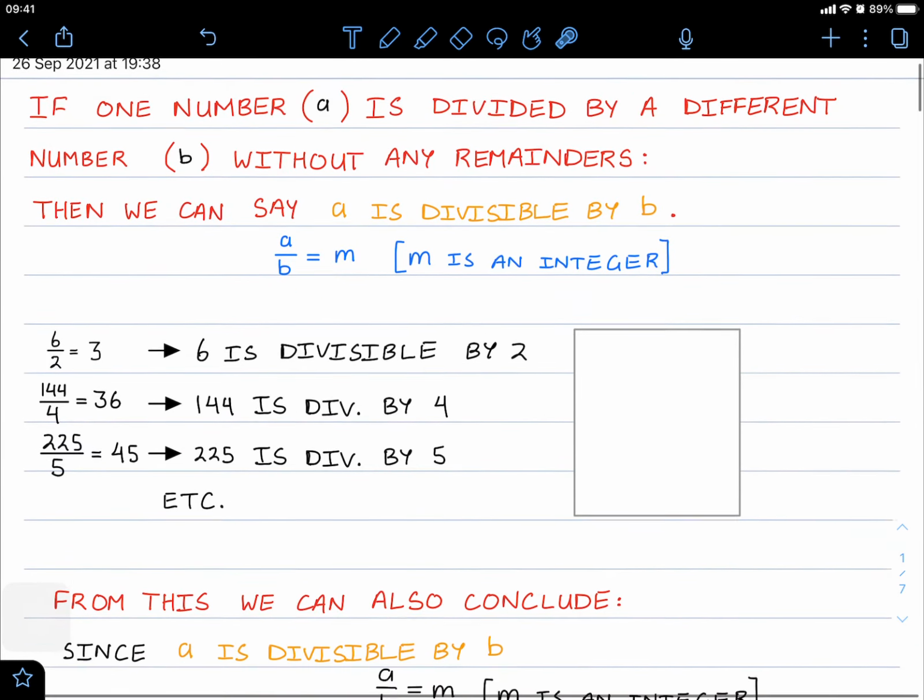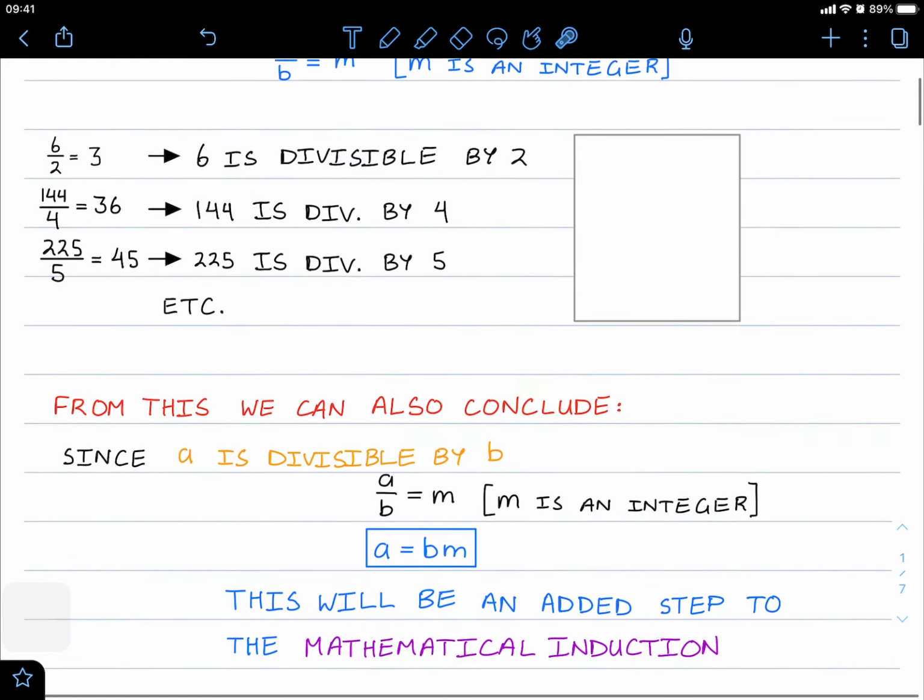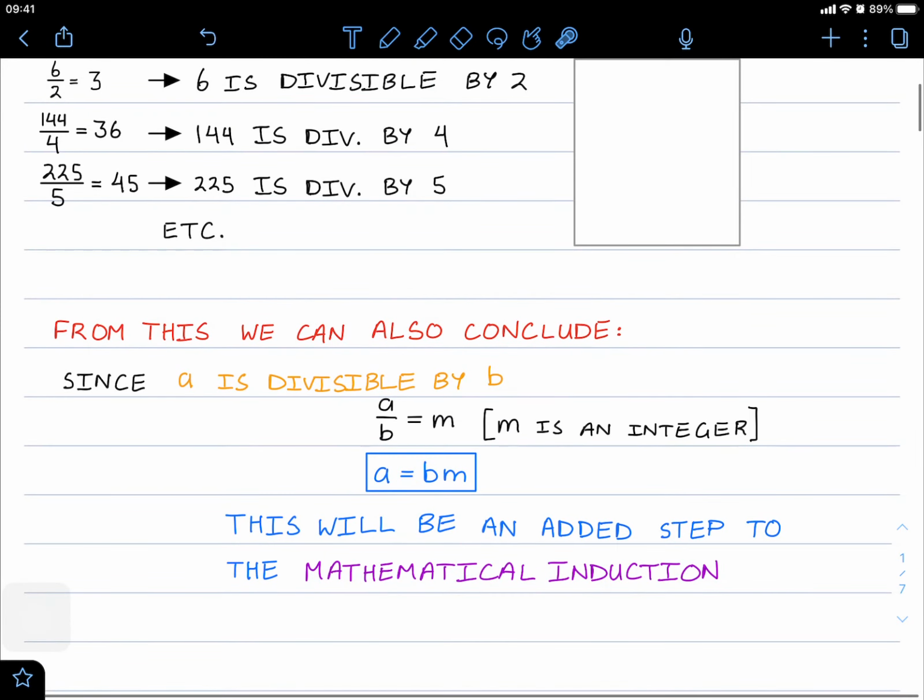From this, we can also conclude that since a is divisible by b, as we've seen before, if we multiply both sides by b, we can say that a is the product of b times m. So m is any integer, and a, since it's divisible by b, must be the product of b times m.